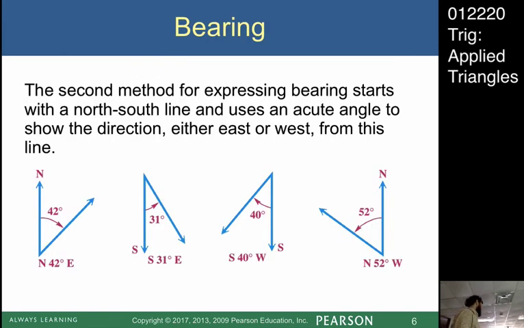It would just be west, or east. So north 90 degrees west would be the same as south 90 degrees west.